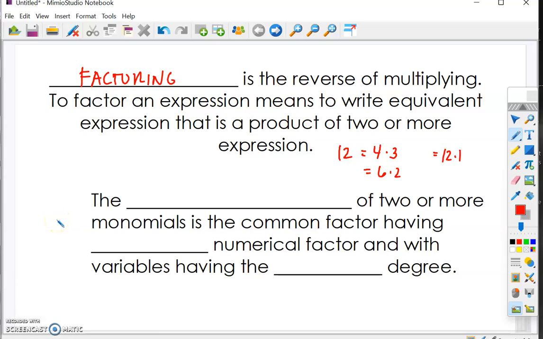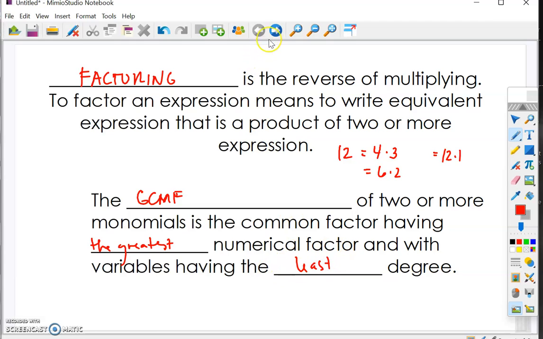Now, there are different factoring techniques, and one is the GCMF, the greatest common monomial factor. When we talk about the GCMF of two or more monomials, we consider the common factor having the greatest numerical factor with variables having the least degree.